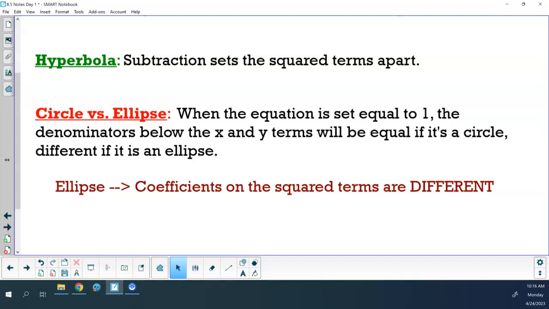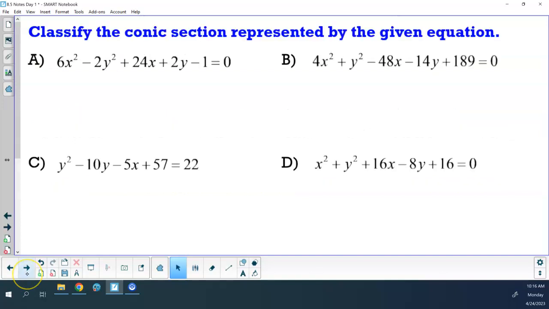With that being said, what I would like you to do now is these four, which are different than what's on your homework. I would like you to classify each conic section based off of the given information, which basically is just saying, tell me which one's a hyperbola, a parabola, an ellipse, or a circle.